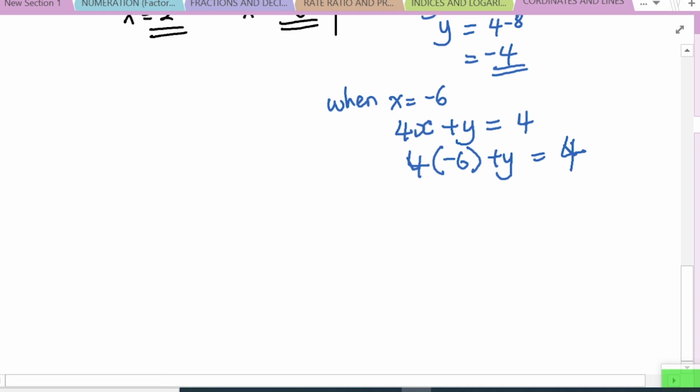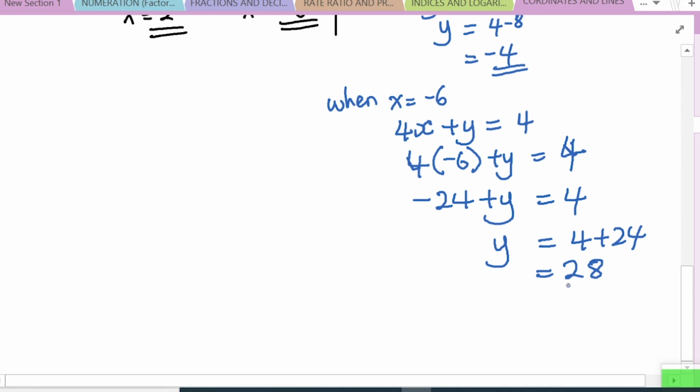From there, 4 times negative 6 is negative 24, so negative 24 plus y is equal to 4. Then we shall end up with our value of y as 4 plus 24, which is 28. So those are the various values of x and y.